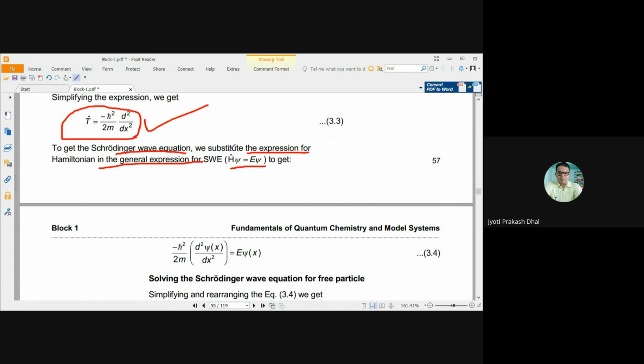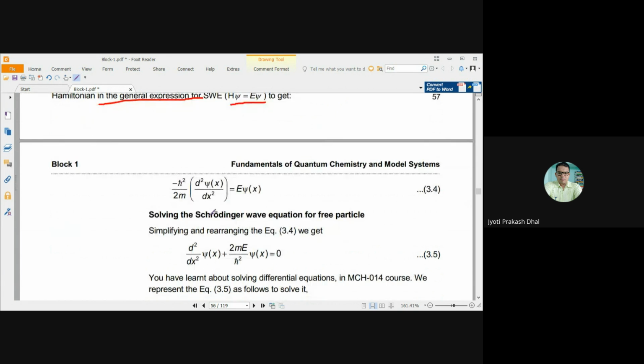So in place of H cap, we put T cap, and hence the Schrodinger wave equation for the particle moving freely along the x-axis becomes minus h cross square by 2m d square psi(x) by dx square, which equals E psi.